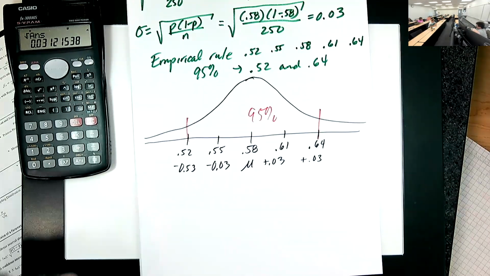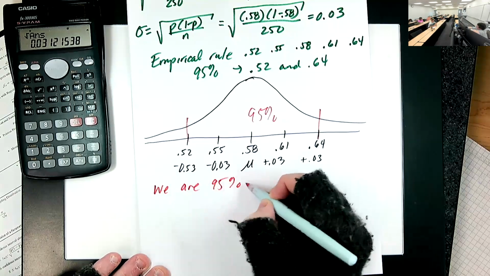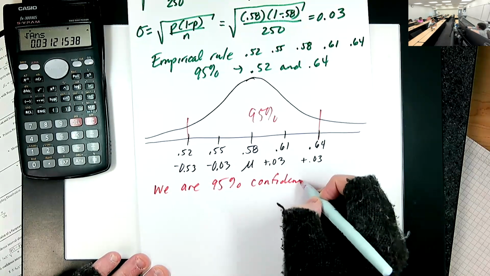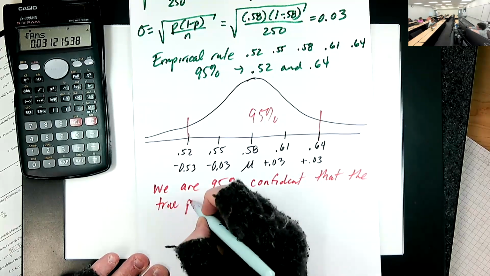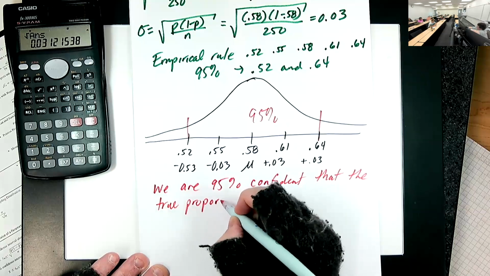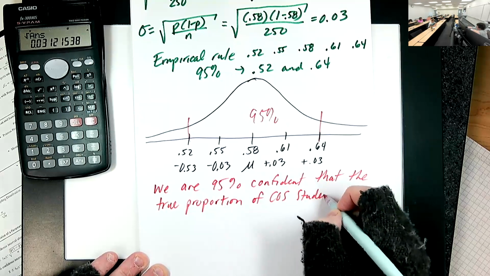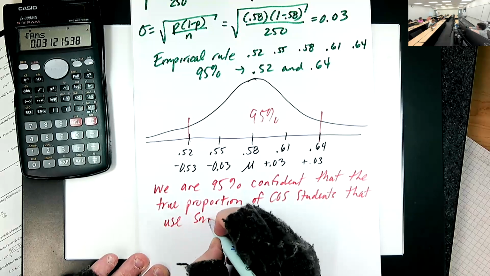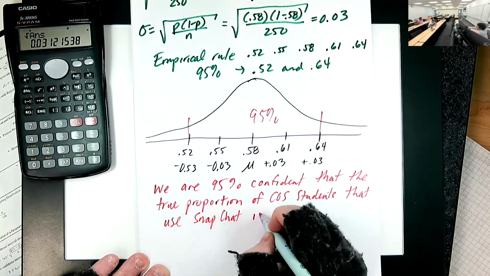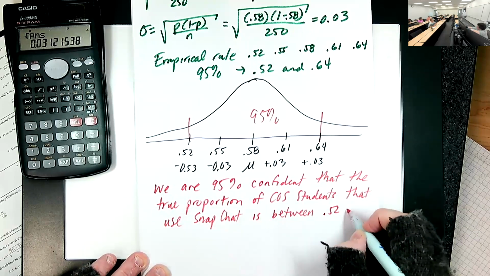So on empirical data, I would say we are 95% confident that the true proportion of COS students that use Snapchat is between 0.52 and 0.64.